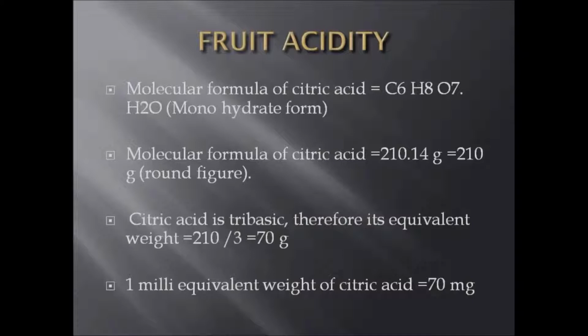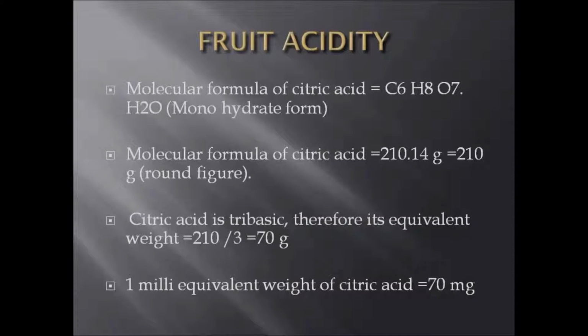Here one thing I want to say, the molecular formula of citric acid is C6H8O7 H2O. This is the monohydrate form of citric acid. So the molecular weight of citric acid is 210.14 grams. In round figure it is 210 grams. But citric acid is tribasic, therefore its equivalent weight is 210 by 3, that is equal to 70 grams.